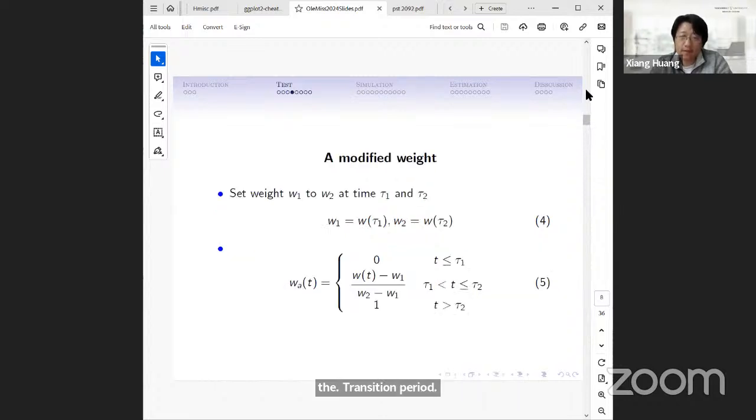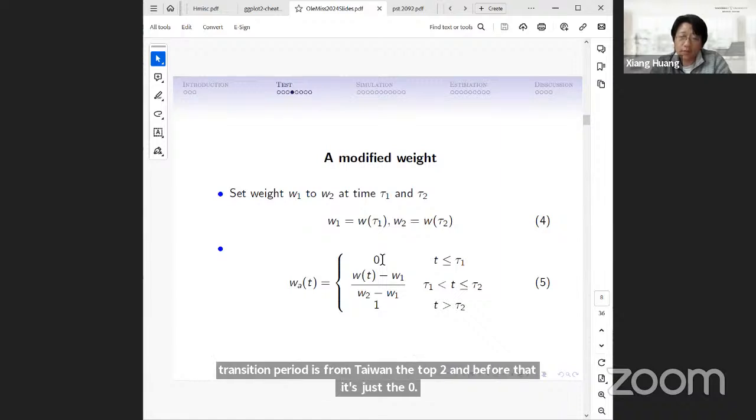And furthermore, we can consider a modified weight. Instead of changing from 0 to 1, we can chop the head and the tail a little bit, so that we can make it more specific. The transition period is from tau 1 to tau 2, and before that the weight is 0.